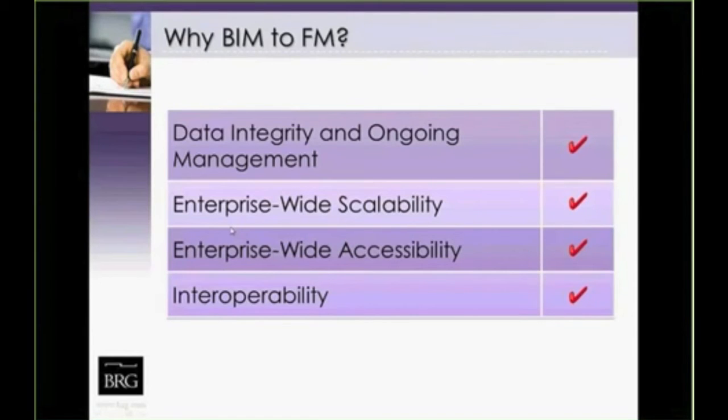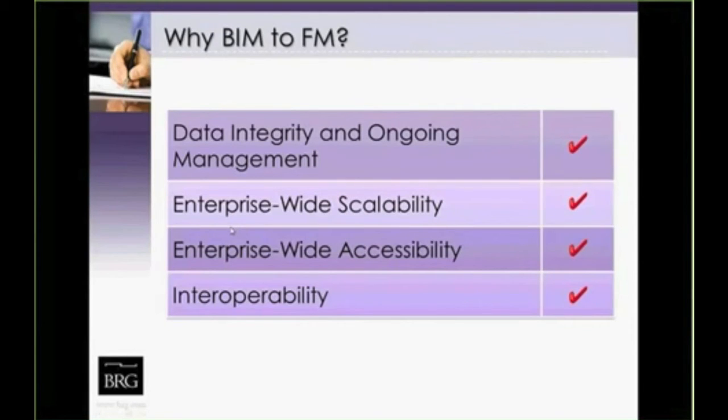You're not going to be able to maintain really the data integrity that comes with an FM database. So when you start to use BIM, you have to think about it from an FM perspective early on, because you need to make sure that you're capturing information in the correct format so it can then get pulled into your facility management system.